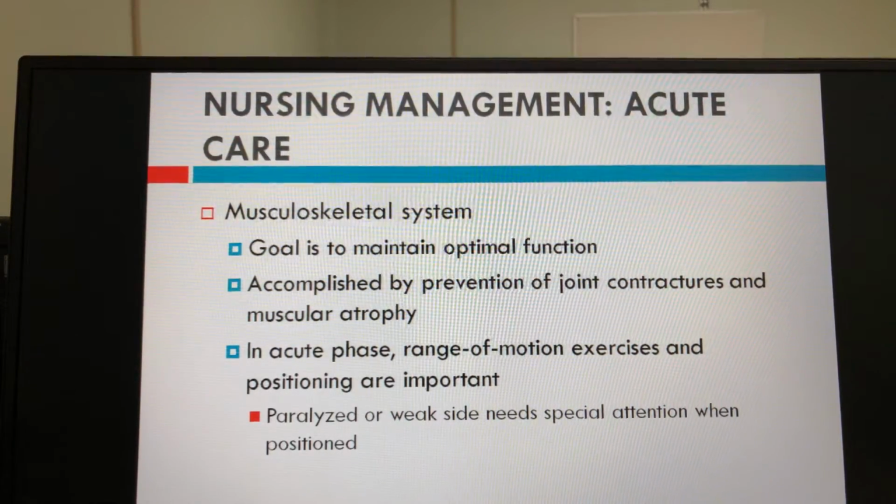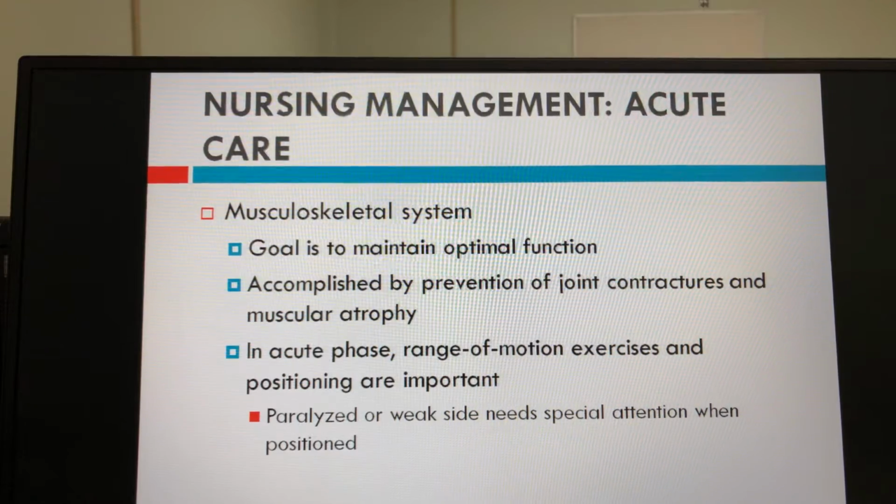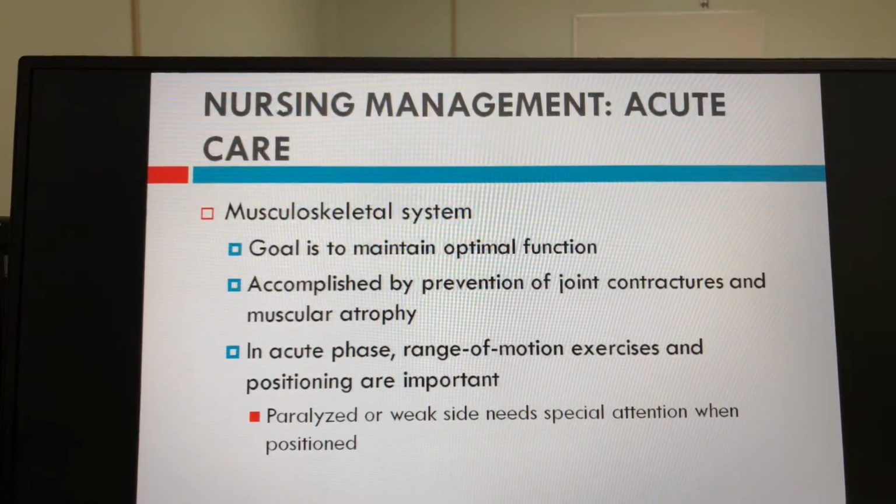If the stroke is due to a subarachnoid hemorrhage, the movement is limited to the extremities. We want to position each joint higher than the joint proximal to it to prevent dependent edema.